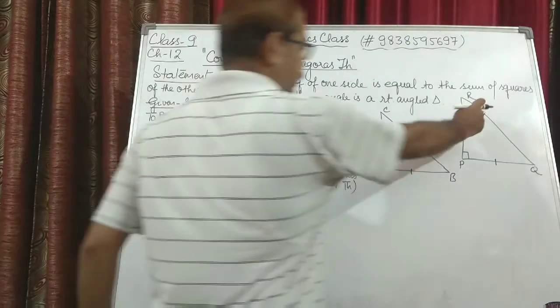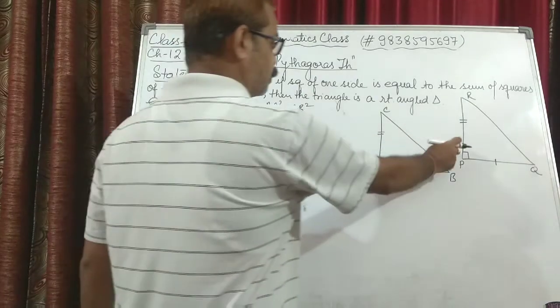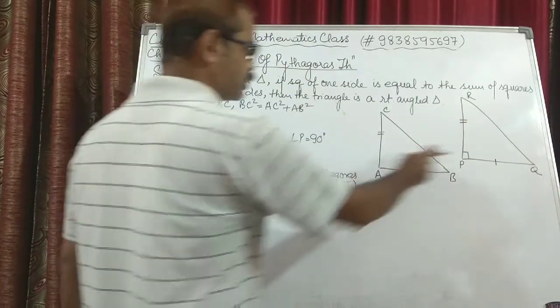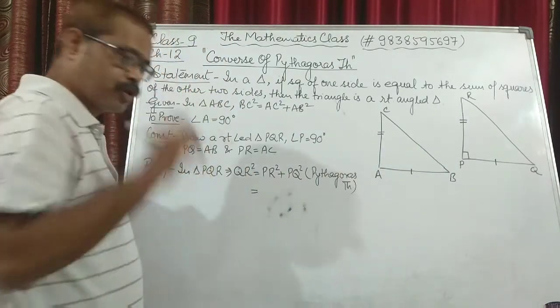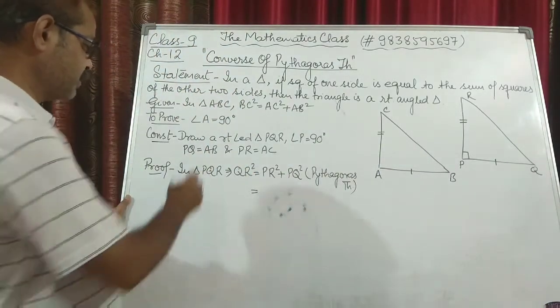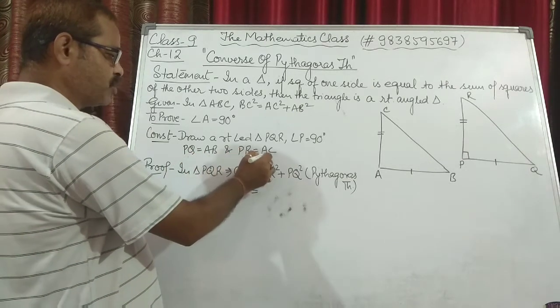What we have said, this is hypotenuse QR, so QR square is equal to PR square plus PQ square. But in the construction we have drawn PQ equal to AB and PR equal to AC.